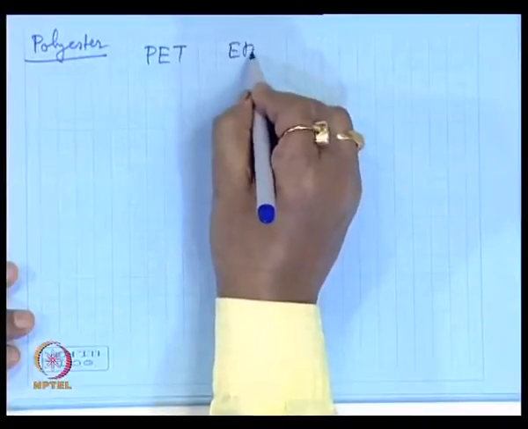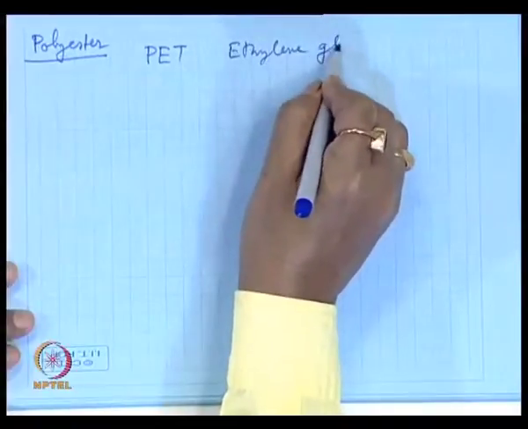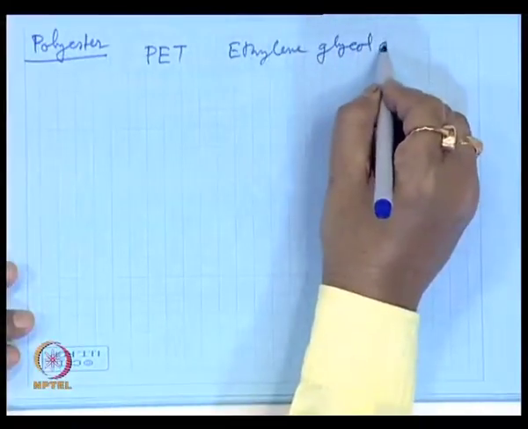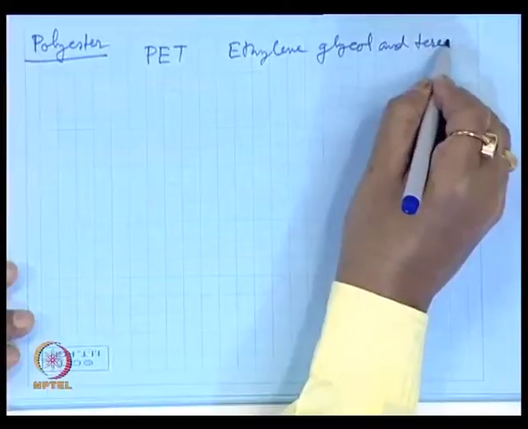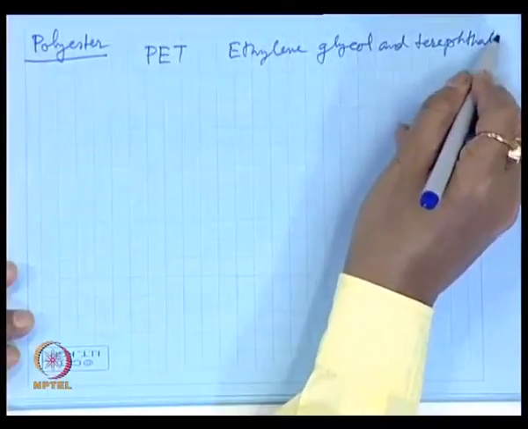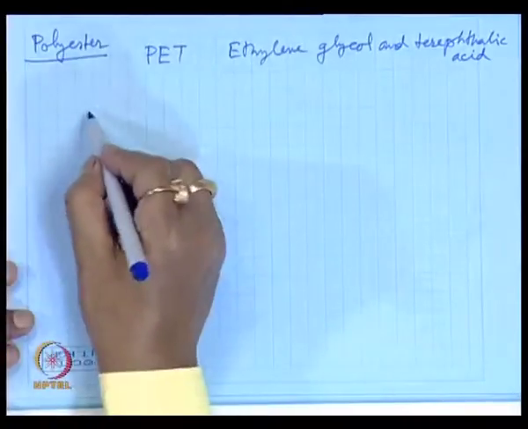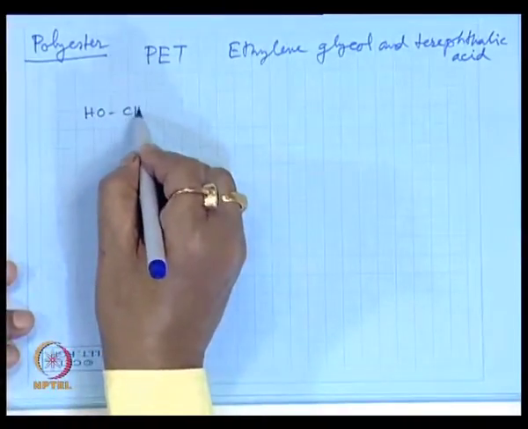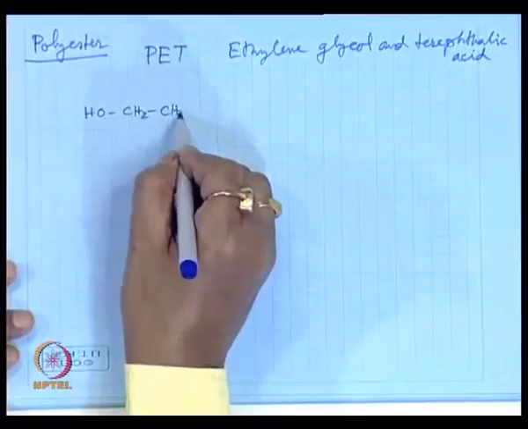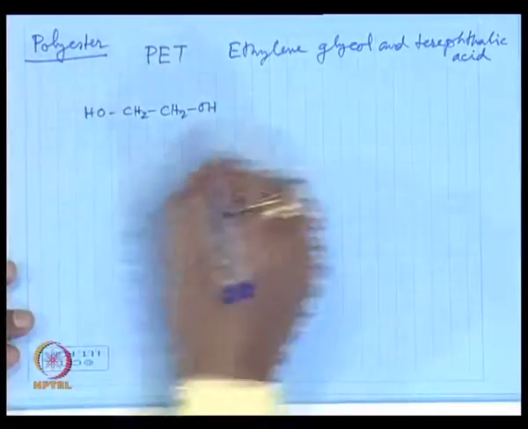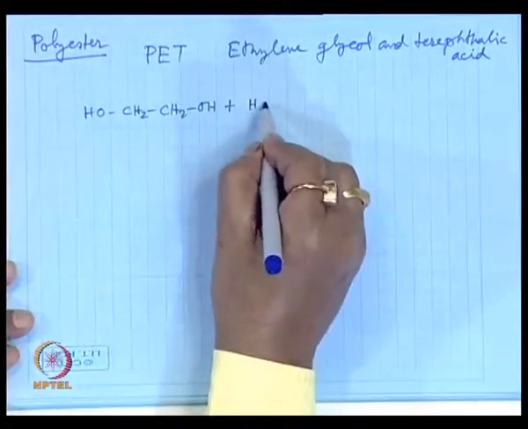It is a reaction product of ethylene glycol and terephthalic acid. What is ethylene glycol? This is ethylene glycol. What is terephthalic acid?